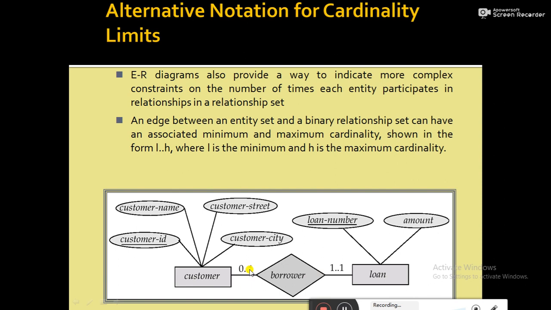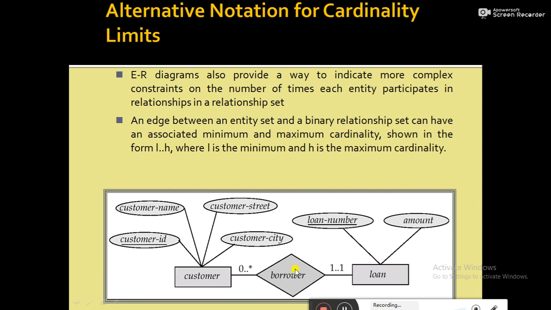Now 0 means a single customer may be associated with no records in the loan entity set, or a single customer may be associated with multiple records in the loan entity set.